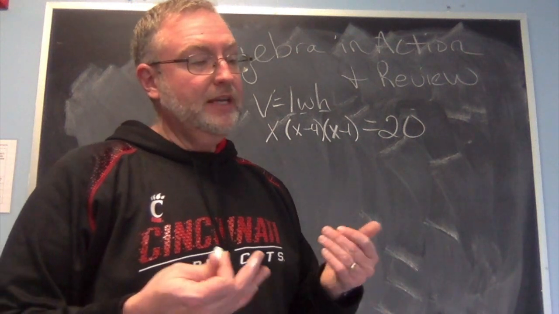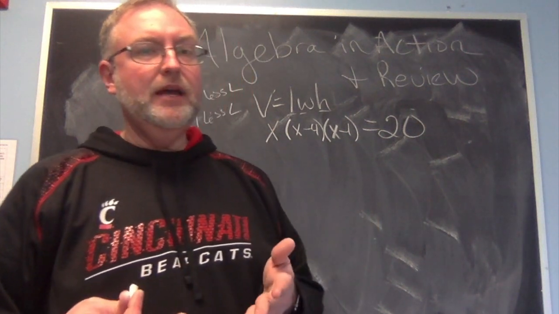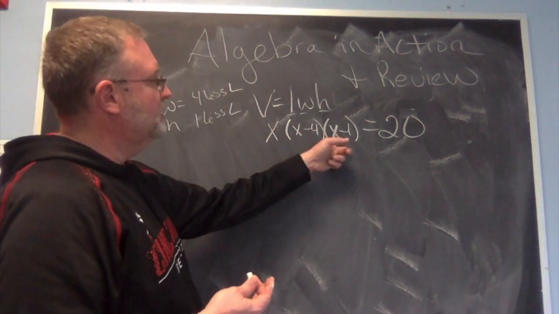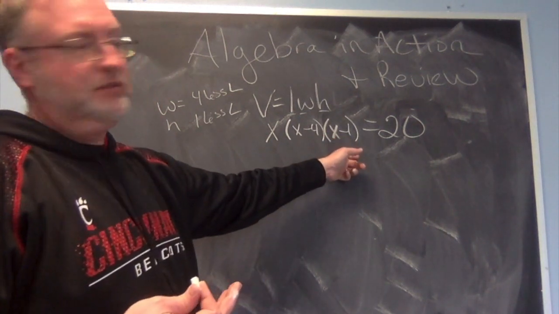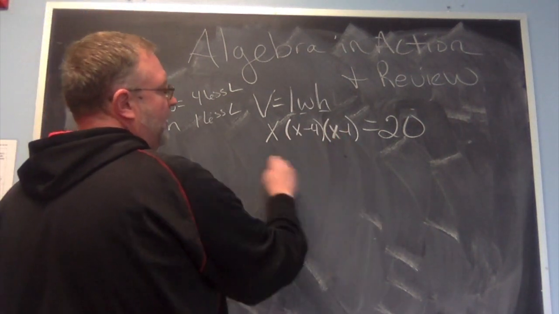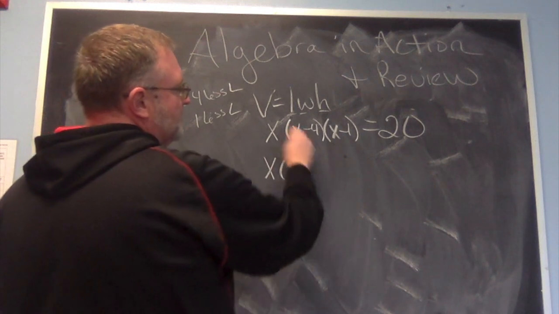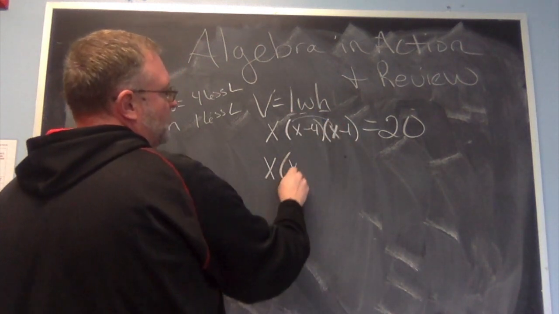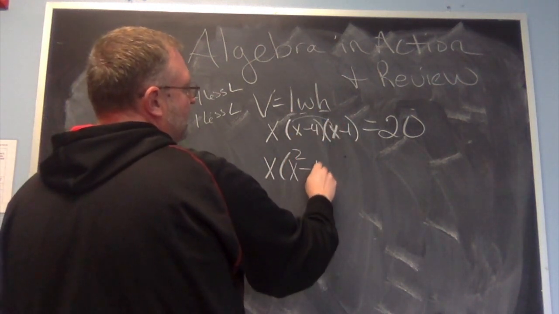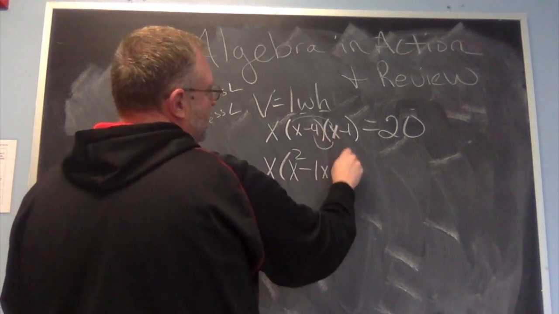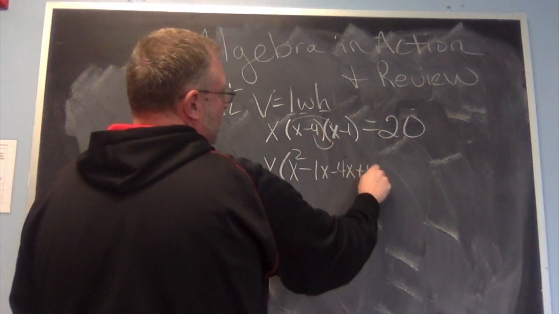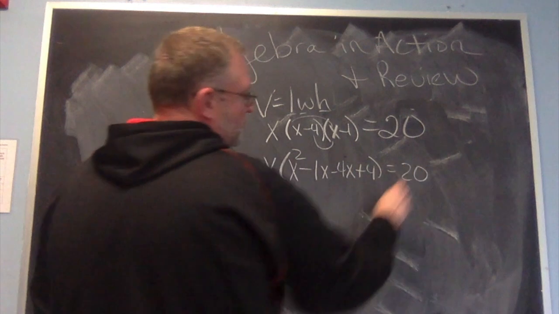The next step is to solve this, so I'm going to FOIL that. I have x squared, then negative 1x, negative 4x, and a positive 4 equals 20.